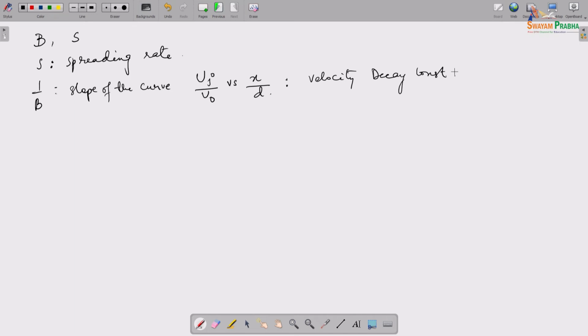So let me just quickly remind you about that. This was from an experimental data set which we had. So this is essentially x by d, and this is uj by u naught, the mean central velocity.